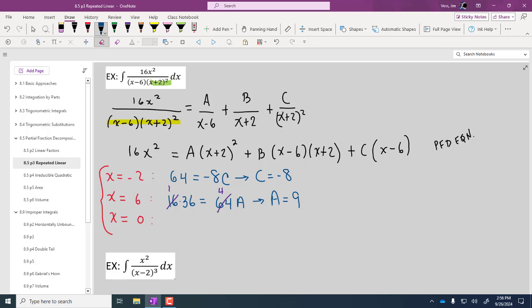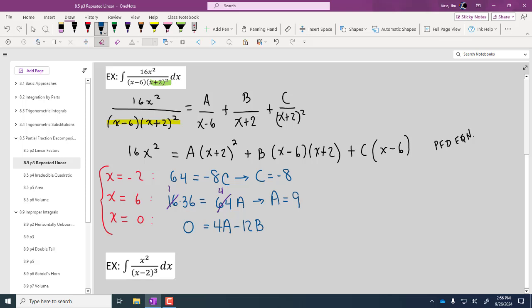Now let's plug in x equals 0. On the left, we have 0. On the right, when we plug in 0, we are going to have 4a. Plug in 0 here, we'll have negative 12b.